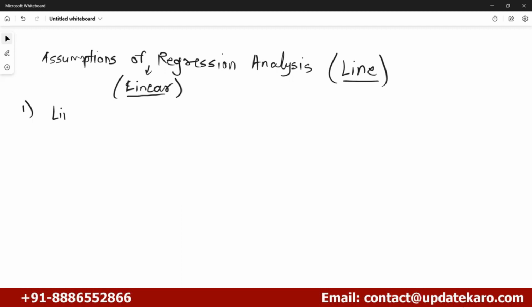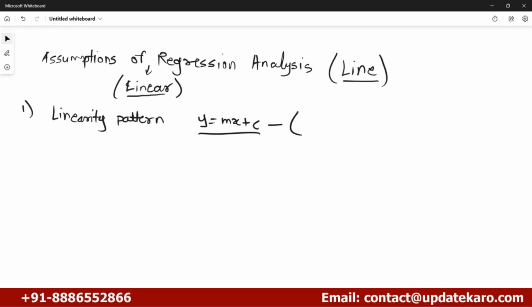Linearity pattern, like someone mentioned, y equal to mx plus c. So you will find y equal to mx plus c. What is this? This is a simple linear regression equation.